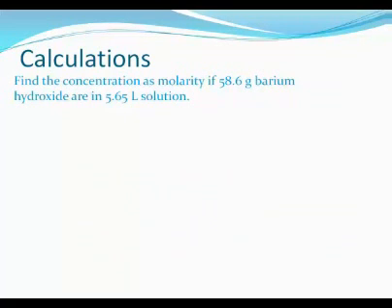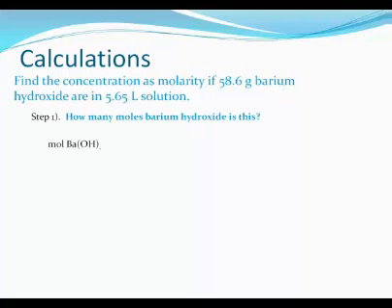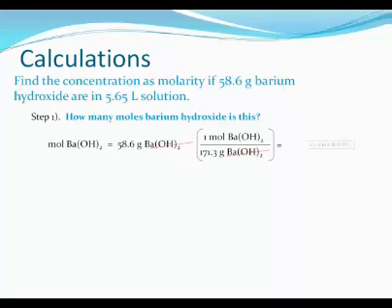What if we go the other way? What's the concentration if we dissolve 58.6 grams of barium hydroxide in 5.65 liters of solution? Now we need to begin with the material. First step, how many moles of barium hydroxide do I have? Well, the moles of barium hydroxide is 58.6 grams of barium hydroxide times 1 mole of barium hydroxide over 171.3 grams. That's the molar mass from your periodic table.